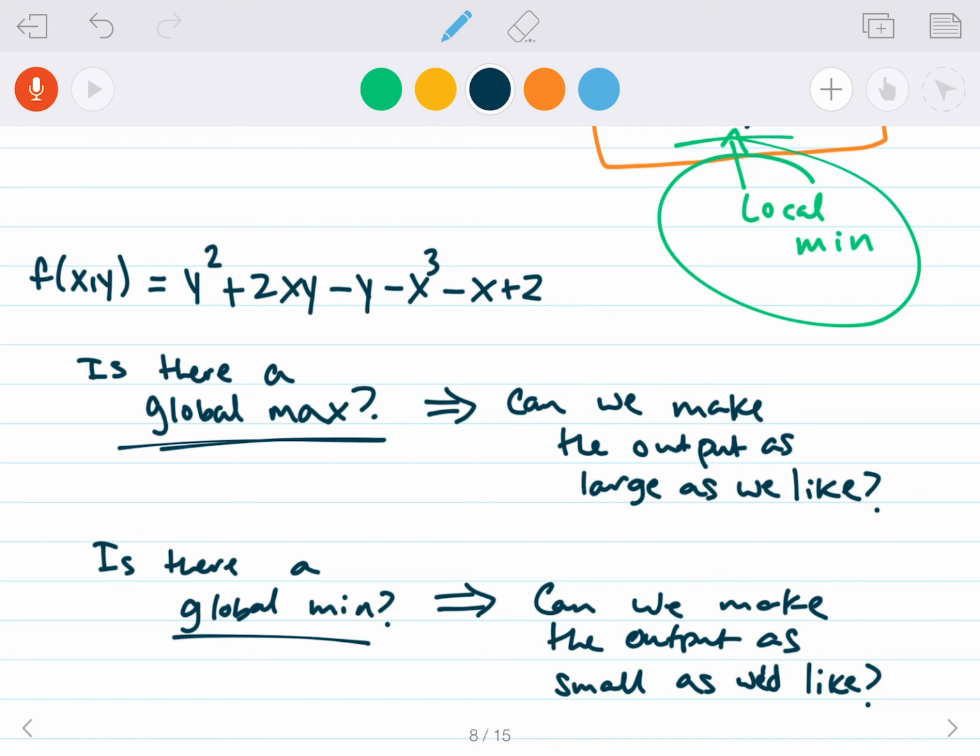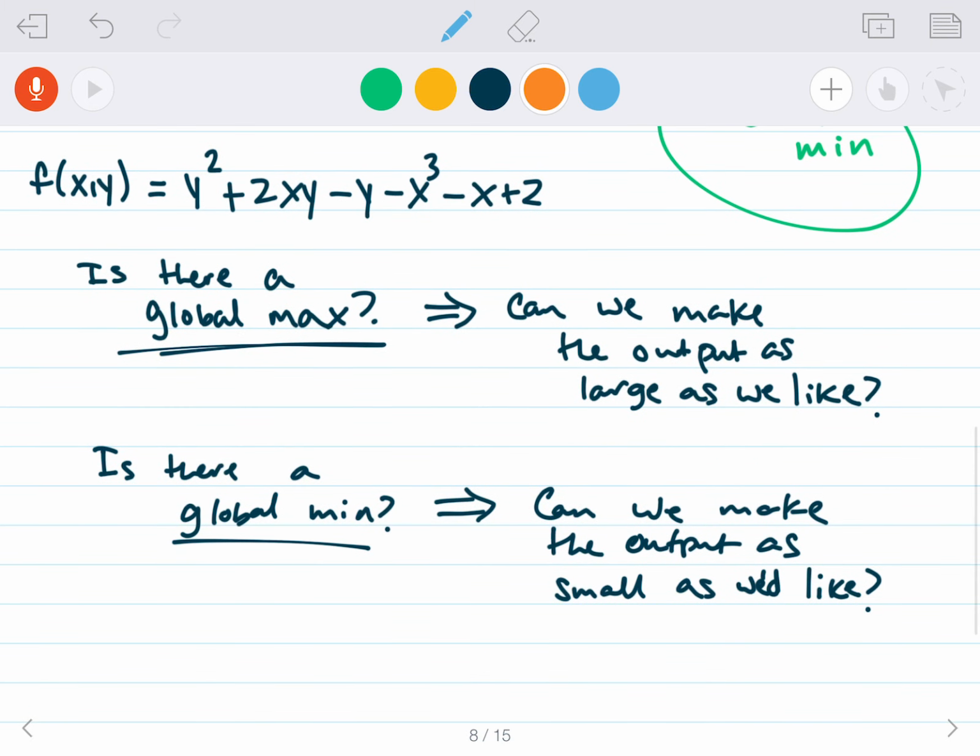So why is there no global min? Remember, x and y can be whatever they want. To see that we can make this function arbitrarily small, what you can do is fix y. Say y is a number, how about 2? We can do that.